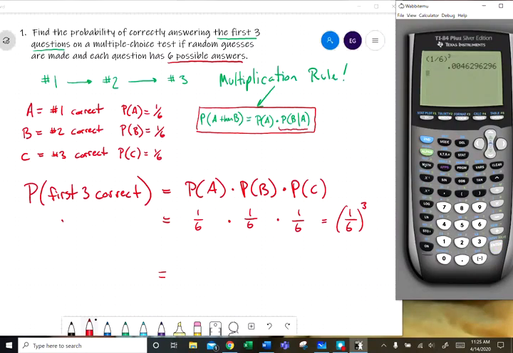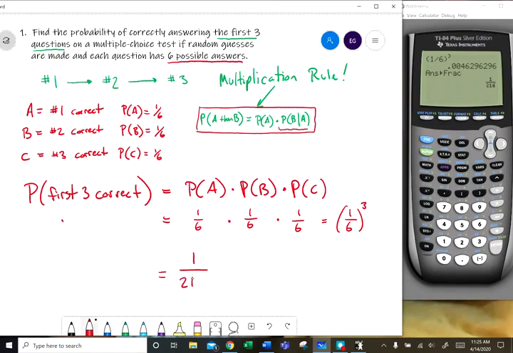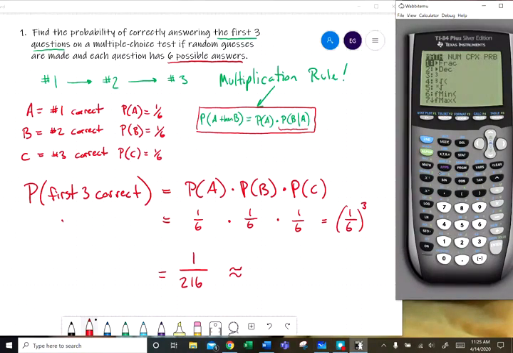So we could express probabilities in terms of a fraction. 1 over 6 times itself 3 times, or 1 over 6 to the 3rd power, is exactly 1 over 216. So if you need it, we could express the probability as a fraction, or we could round that to a decimal.